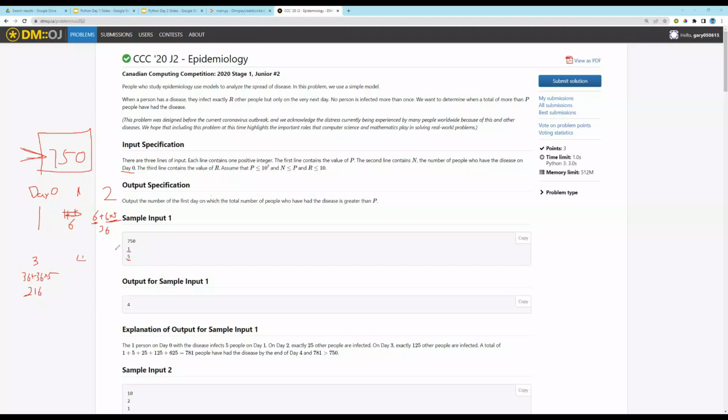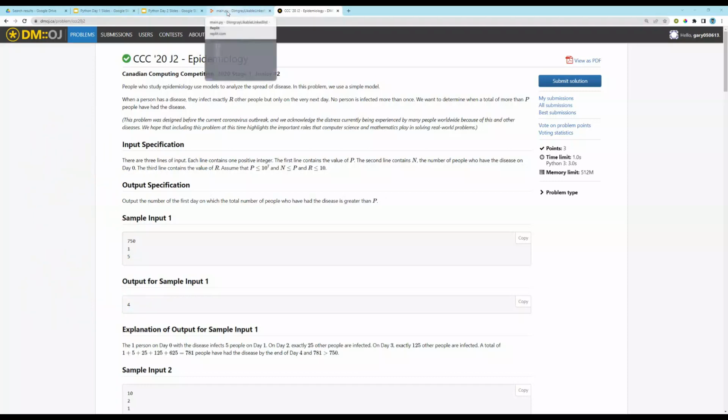On day 4, we have 216 times 6, so it becomes 1296, which is definitely bigger than 750. That means we have our answer, which is day 4. This is basically how the problem works.